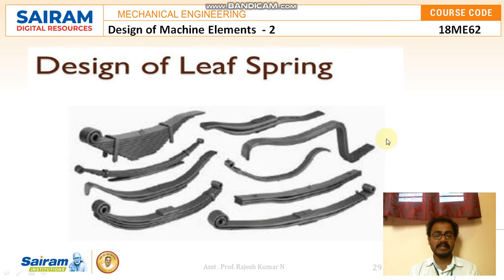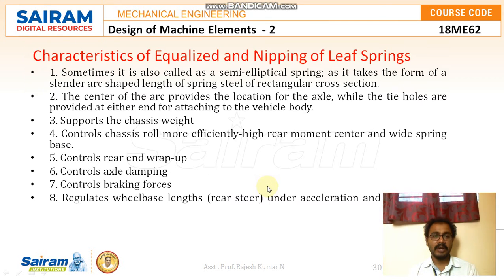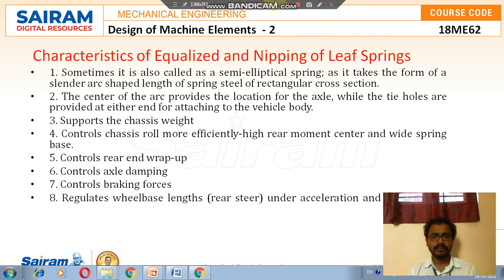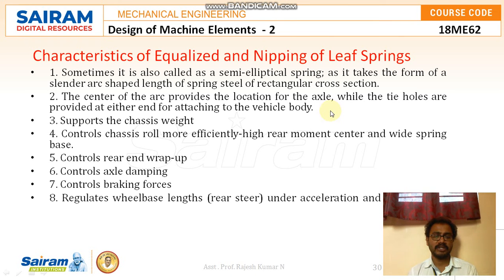We will also be discussing a couple of problems on leaf springs, and the leaf springs for the different applications are mentioned here. Along with the leaf springs, we need to discuss the characteristics of the equalized and the nipping of the leaf springs. The leaf spring is also called the semi-elliptical spring, as it takes the form of a slender arc-shaped length of spring steel of rectangular cross-section.